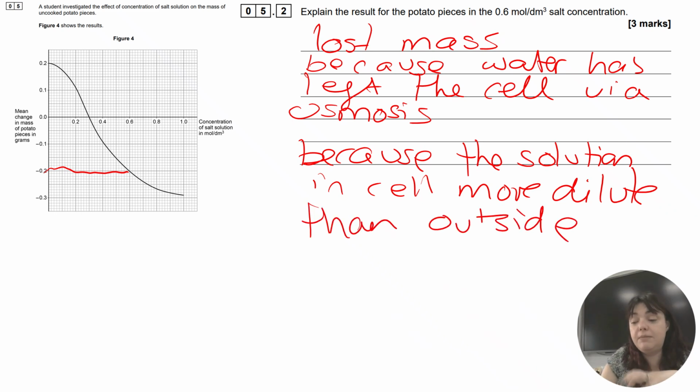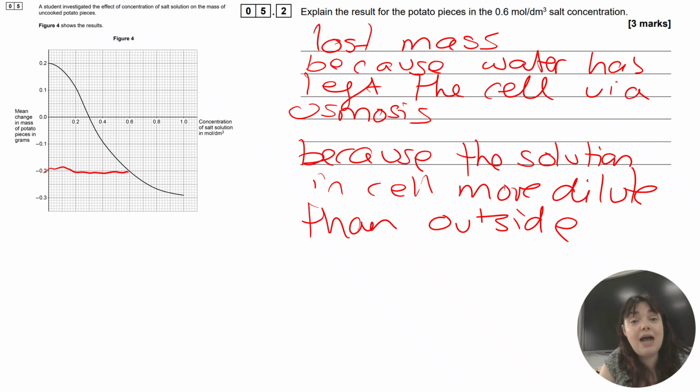Or you could say because the solution in the cell is less concentrated than outside. So you could say that as well. Or you could say the solution outside the cell is less dilute. Anything kind of that. If you have written water moves from an area of high concentration to an area of low concentration, because it's not, is it?